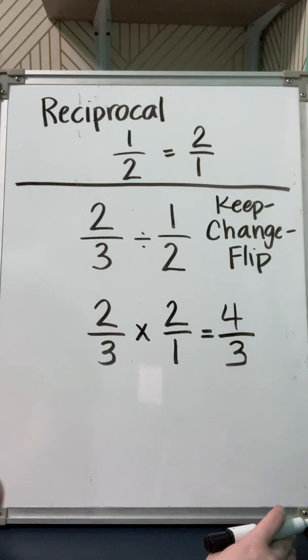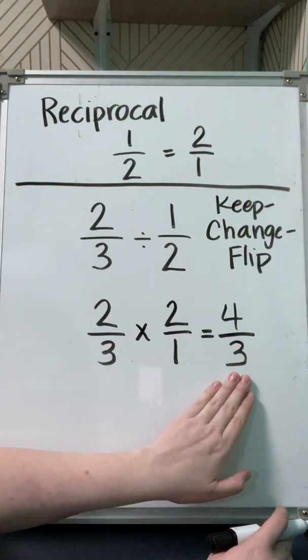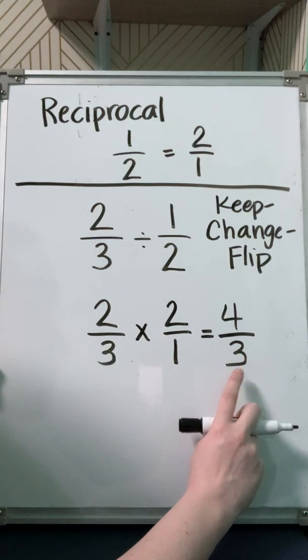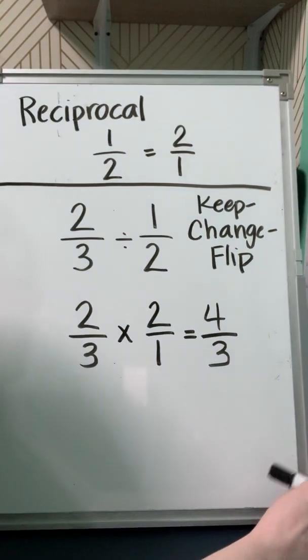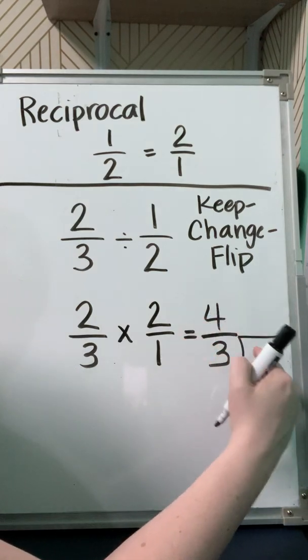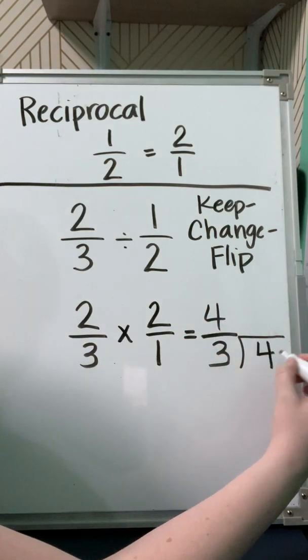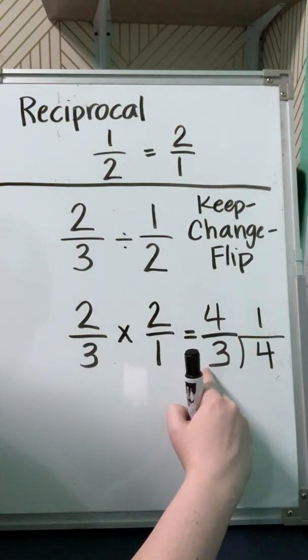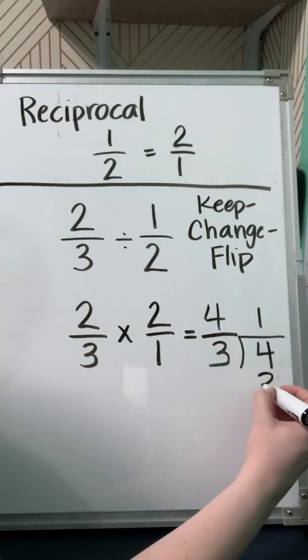Now in this case, we always want to simplify our answers, simplify our fractions. So in order to simplify this, we need to turn it into a mixed number. Okay, so remember, in order to do that, we put a division bar right there. We pull our numerator inside. Okay, 3 can fit into 4 one time. So then we'll do 3 times 1 is 3.